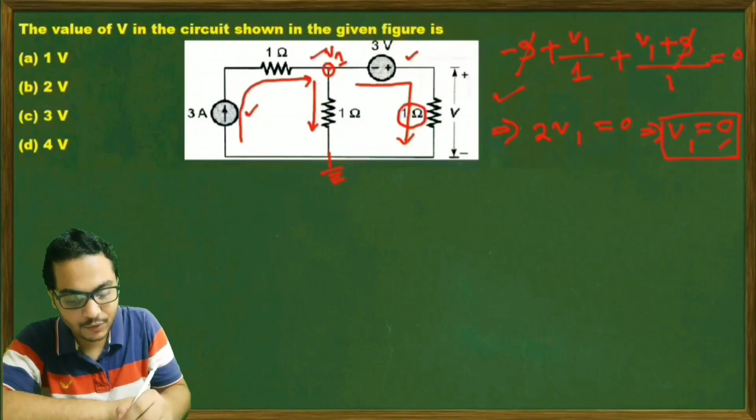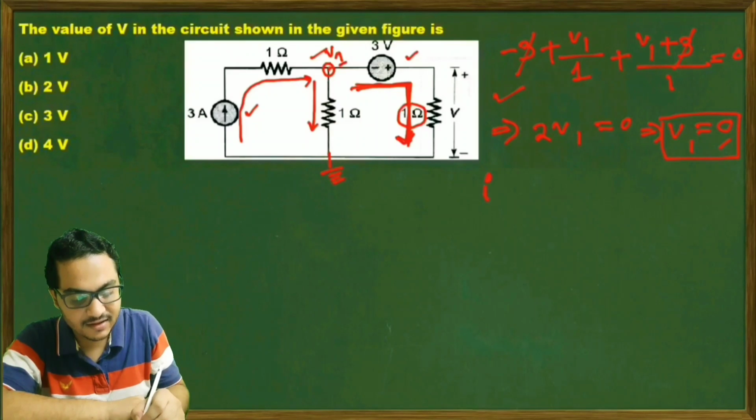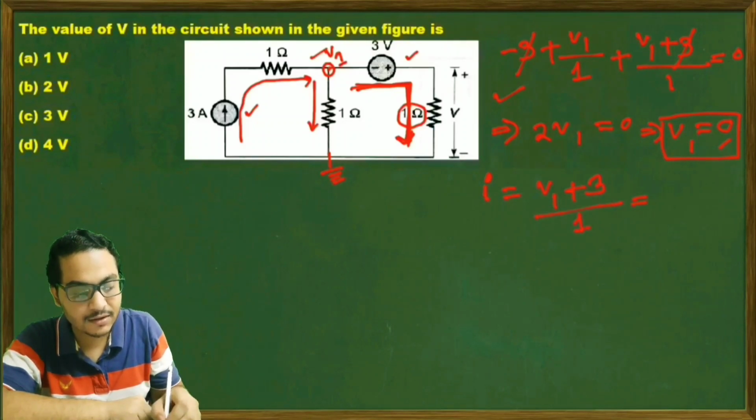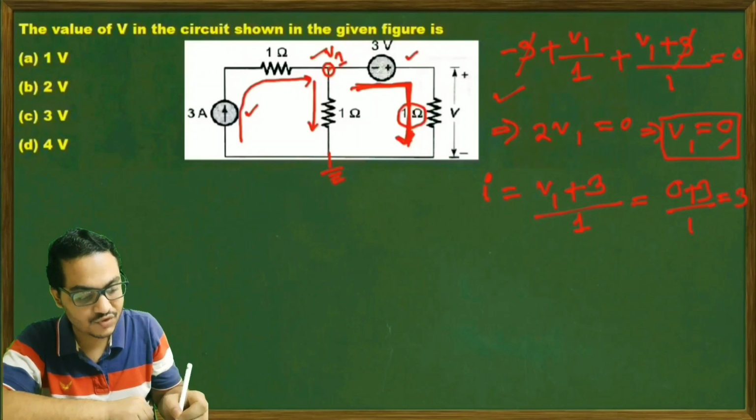Now the current flowing through this branch is equal to, let's say I, equal to V1 plus 3 divided by 1. Here V1 we got 0. 0 plus 3 equal to 3.